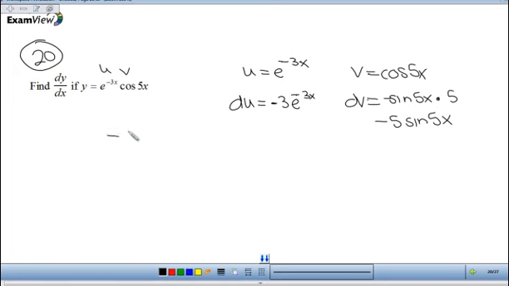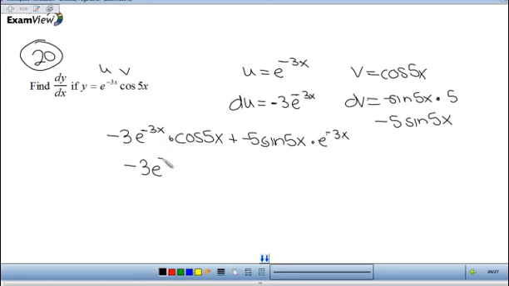So derivative of u times v plus the derivative of v times u. We get negative 3 e to the negative 3x.